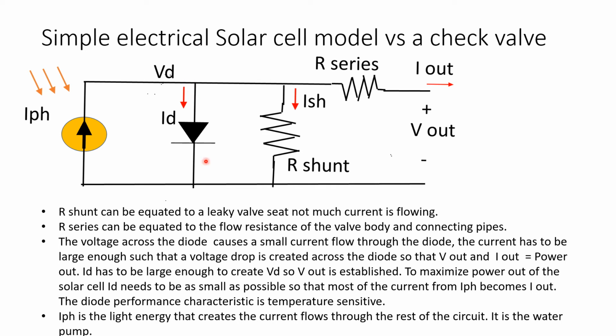So if you don't have a voltage here, you don't get a voltage on the output of your solar cell or your solar panel. This diode performance is temperature sensitive, and IPH is the light energy that creates the current flow through the rest of the circuit. It's basically the water pump. And this is my little sun, and it's going to feed the current here and out.